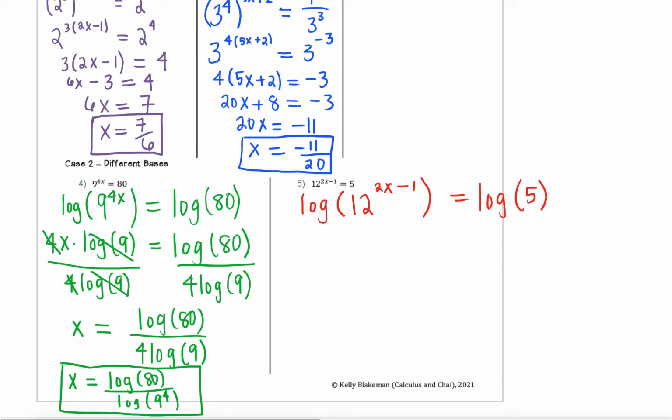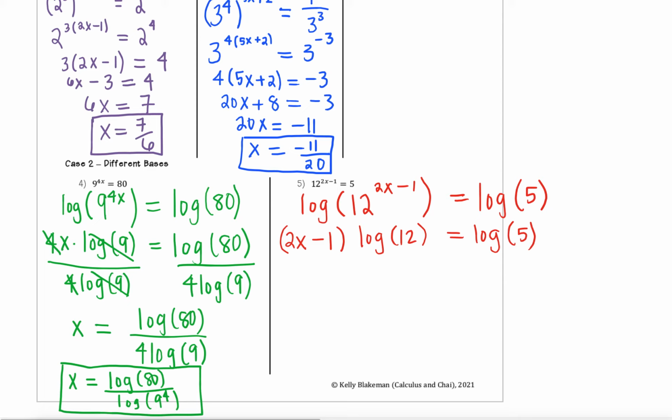The advantage here of applying the log is that we can now use the power property and bring down that 2x minus 1, and it will be multiplied to this log base 10 of 12. Now it's important that we have those parentheses around the 2x minus 1 because that whole quantity is being multiplied to the log base 10 of 12.